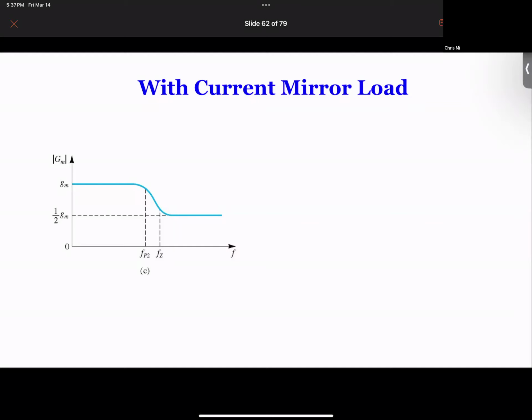Our goal is to calculate this FP2 and FZ, because at FP2, our gain drops 3 dB, but at FZ, our gain goes back to a flat output. And this gain is 1/2 GM. So this zero basically cancels the pole at this point, and the gain becomes 1/2 GM.